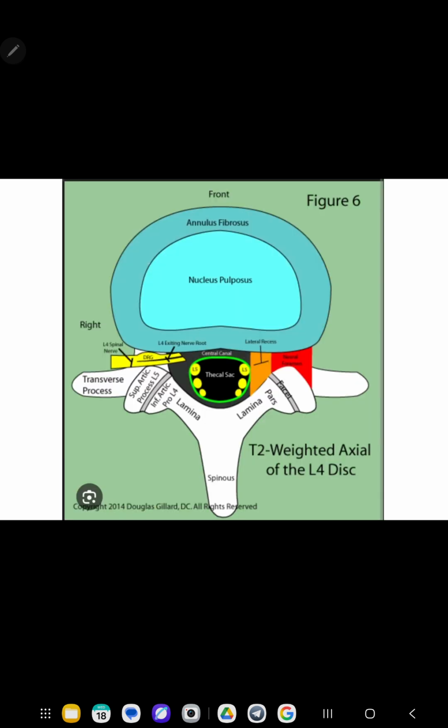This is the intervertebral disc: annulus fibrosus outside, nucleus pulposus inside. Nucleus pulposus means there are no vessels at all. Its nutrition is obtained by diffusion from the end plates of the vertebra.